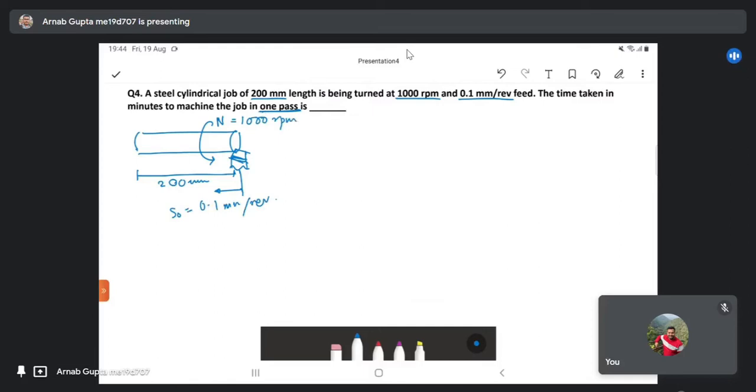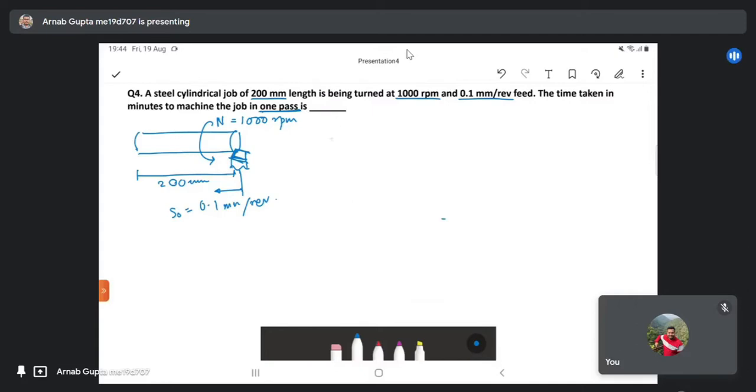Then, as I said in the last question, how much distance it travels in 1 minute along the feed direction.